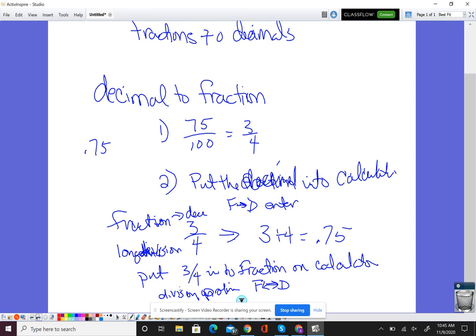So if I had 5 and 1/6, my whole number isn't changing at all. It's still staying 5. 5 point, and then I just do the fractional part, 1 divided by 6.